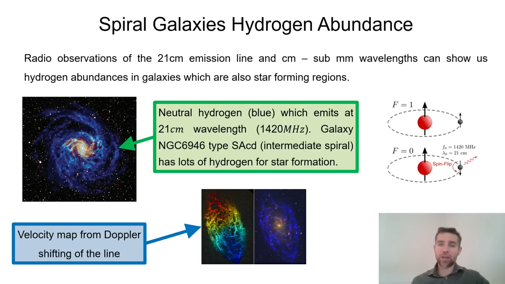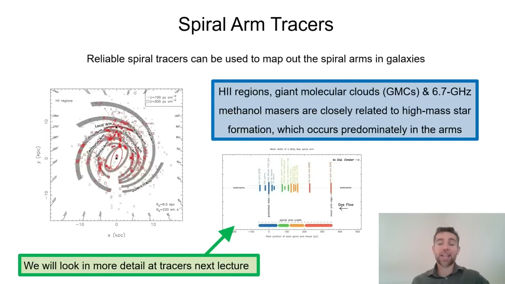This is where we've got these clouds of hydrogen gas, which are going to collapse into stars. And when we do this, we can also use the Doppler shifting of that line to get the rotation. Rotation of spiral galaxies is quite an interesting topic, because it's essentially where dark matter came from, because they don't rotate as they should.